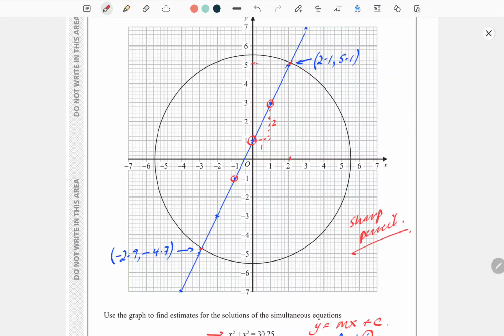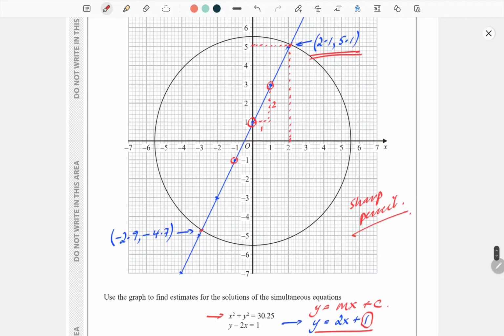Okay, if you can see, just to demonstrate that. It's not quite exactly 2 and 5, and each of those little squares represents 0.2, so therefore in the middle must be 0.1. So that's where I'm getting that value from. 2.1 and 5.1 is the first coordinate there.